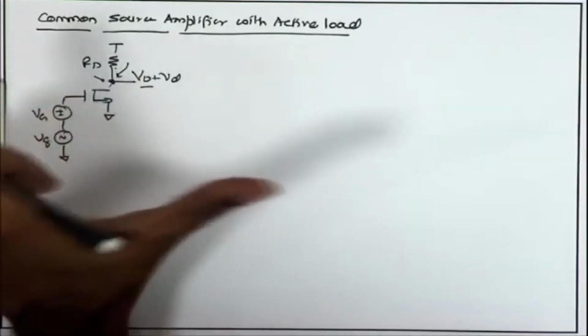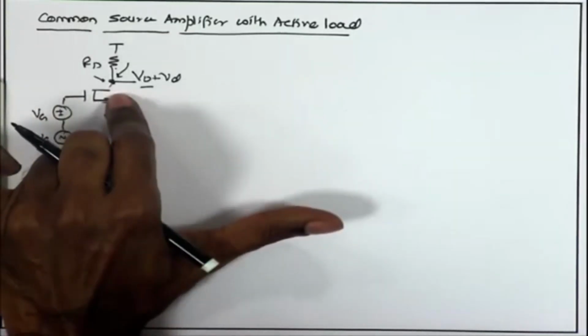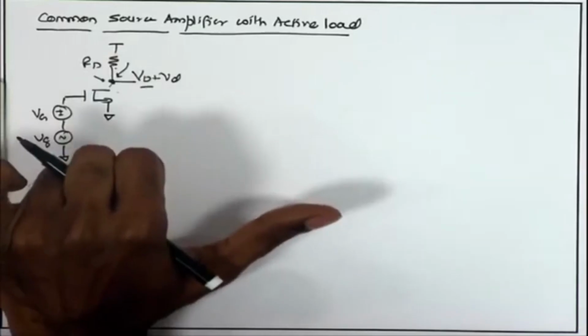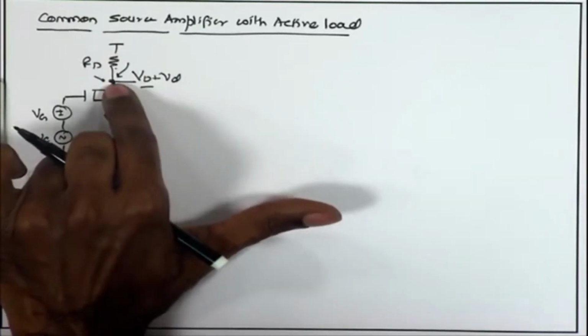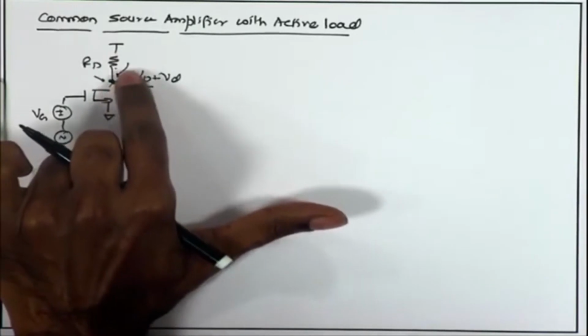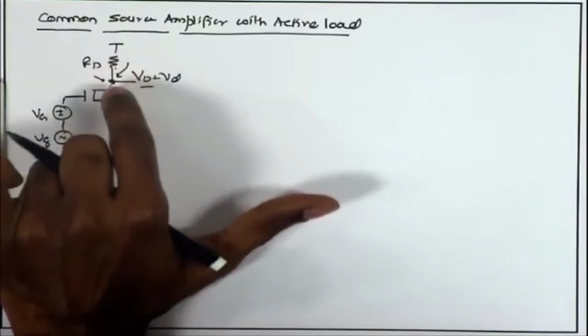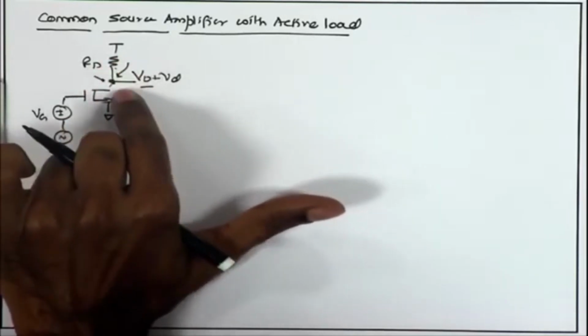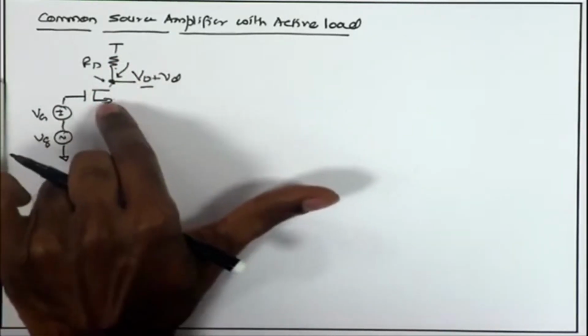So, this is one of the disadvantages of using a passive load. Another issue is the area of these passive elements to be implemented on an integrated circuit. In an integrated circuit, passive resistors can be implemented in several ways, and in general they take a good amount of area compared to the active devices, the MOSFETs.